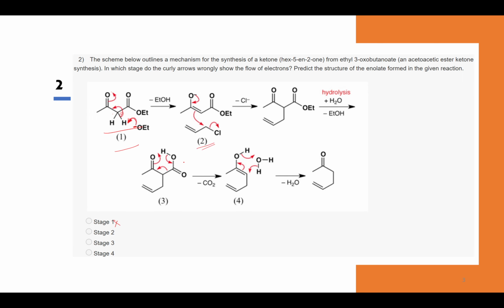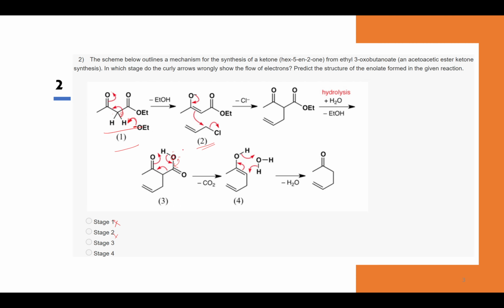Okay. Now let's move to stage 3. Here, as you can see, oxygen is there. Oxygen has a lone pair of electrons, correct? So oxygen will push the lone pair of electrons here, the way it's showing. You can show this bond also, because this bond is getting broken when the lone pair push of electrons is taking place. So all of you can see that oxygen is electron rich.